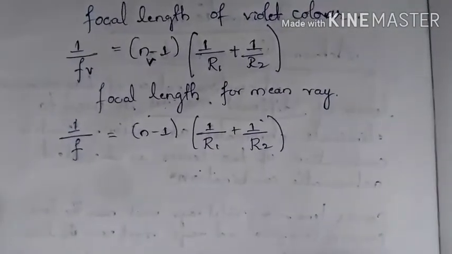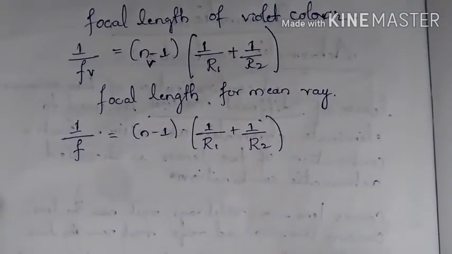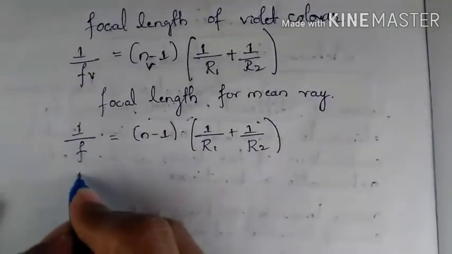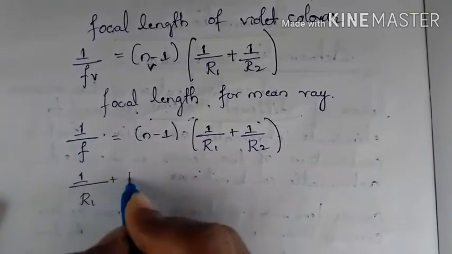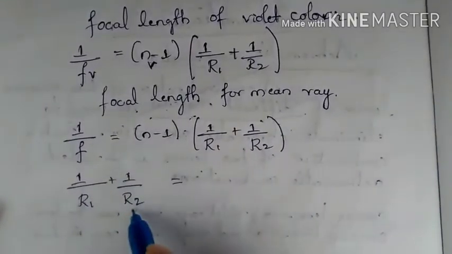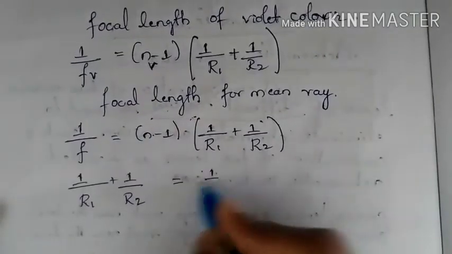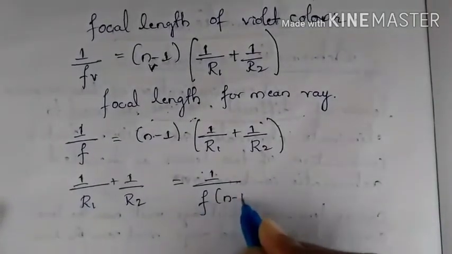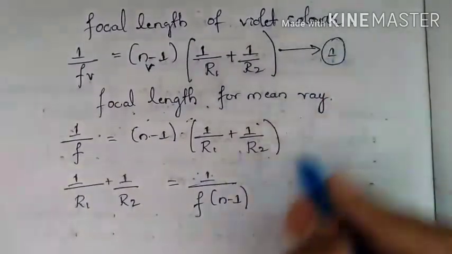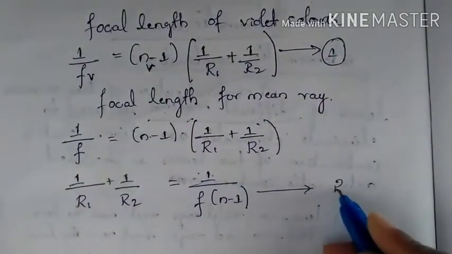So this expression is for the focal length for the mean ray. So from this you can write what is 1 by r1 plus 1 by r2. So 1 by r1 plus 1 by r2 will be equal to 1 divided by f into (n minus 1). So let this equation be equation number 1 and this be equation number 2.